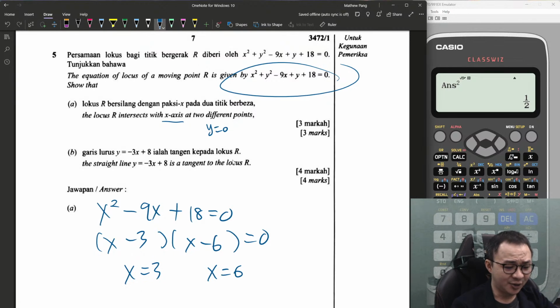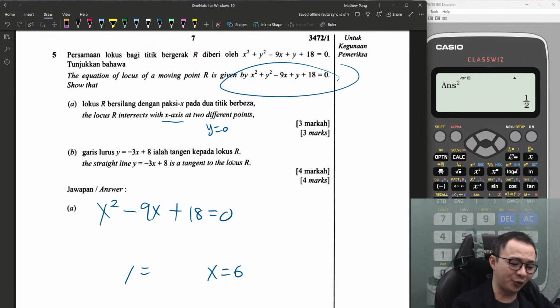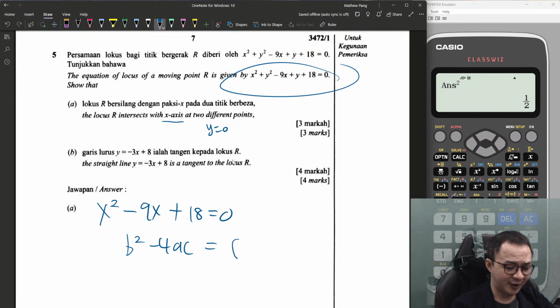Oh, they asked us to show that. Sorry, they want us to show, so we're not doing this. Sorry, I thought they wanted to find 2 different points. Then we want to show b squared minus 4ac is bigger than 0. My b is negative 9, squared, minus 4 times a is 1, times c is 18.